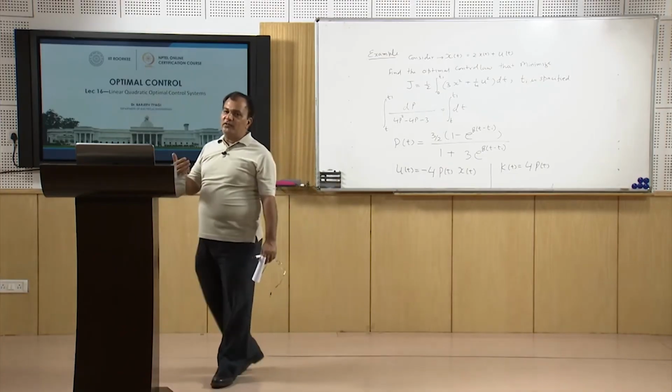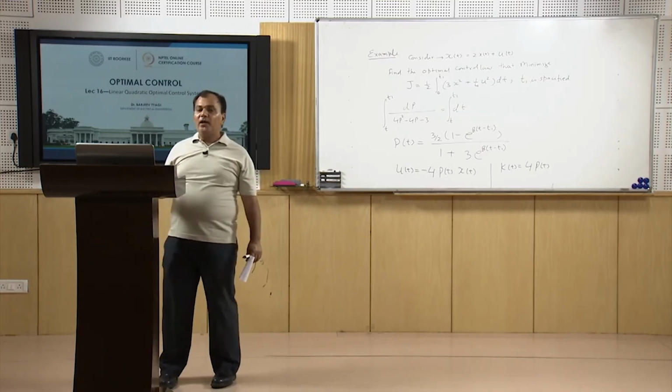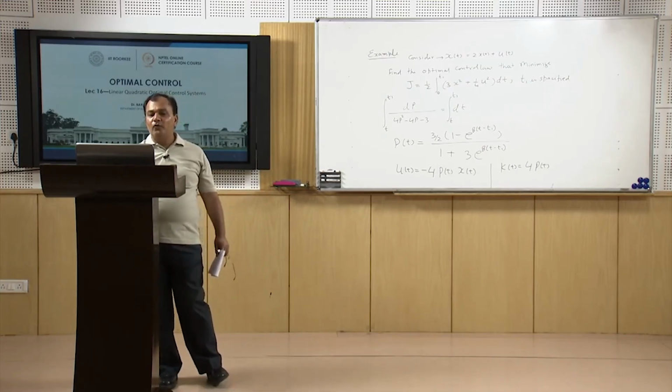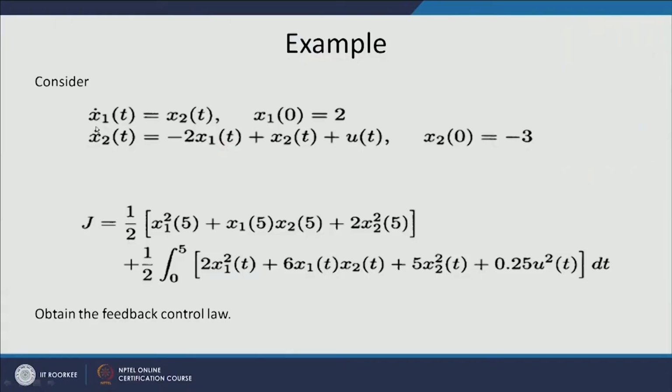For a first order system, I have only a single equation, but as the order of the system increases, the number of equations will also increase. So, we take another example. We consider a second order system with initial conditions x1(0) as 2 and x2(0) as minus 3.